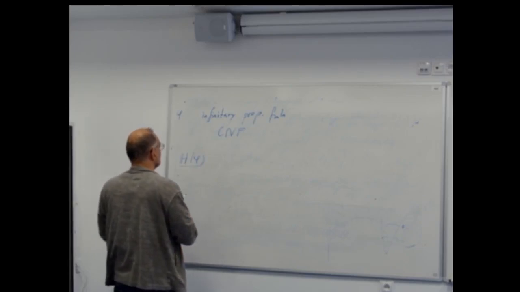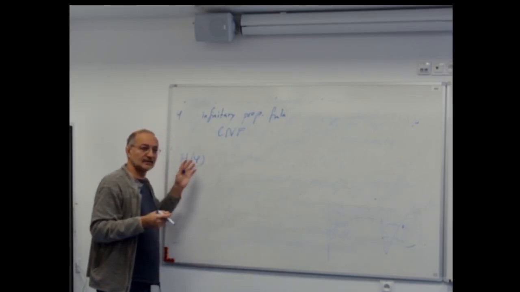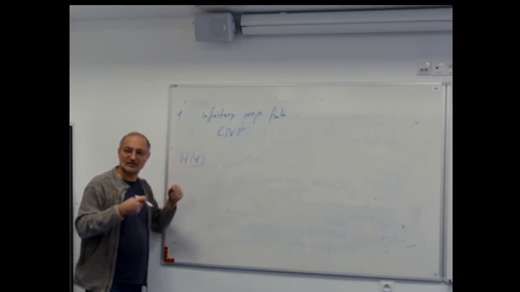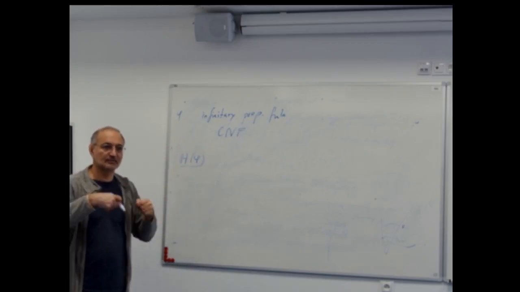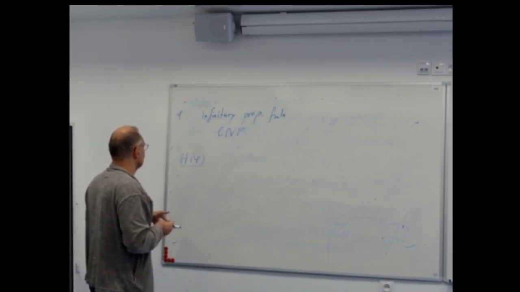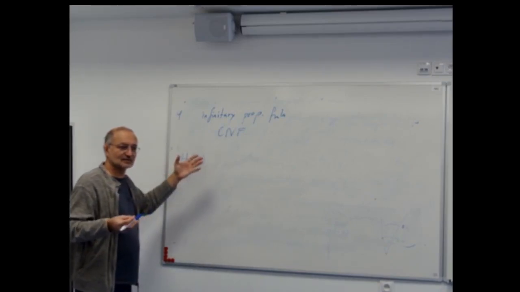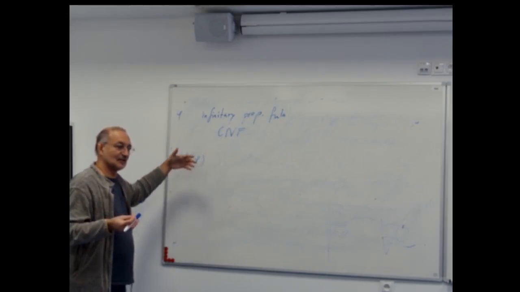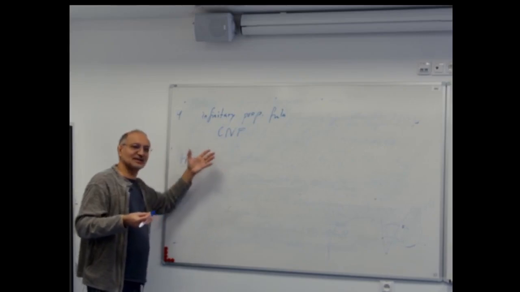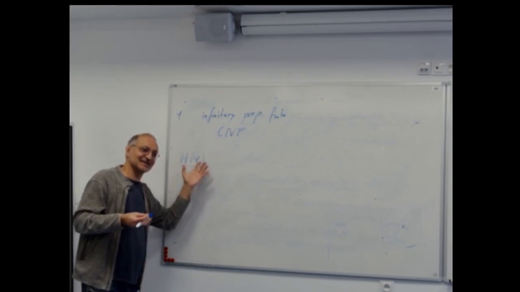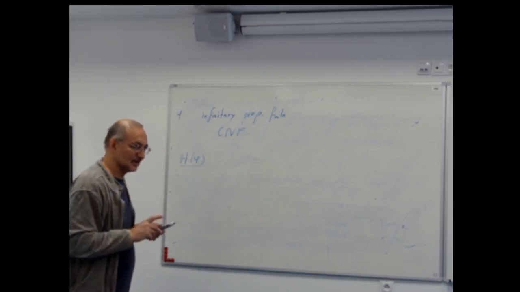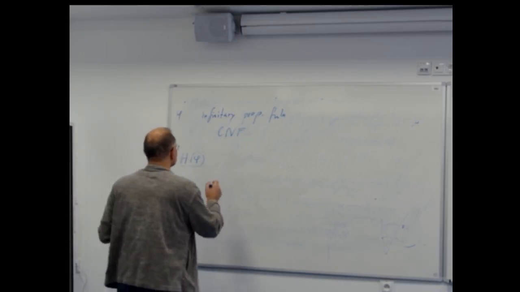So we assume that this poset is not empty. Start from the empty position and then play the game. If H of phi is non-empty, the empty set is in it. Otherwise, we cannot possibly satisfy the formula. So we assume this.